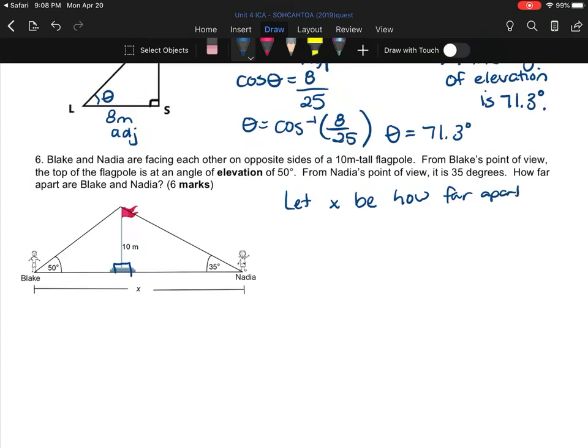Okay, so the X is labeled there. And it tells us the flagpole is 10 meters tall. So it actually doesn't really matter, but we have two little lengths.